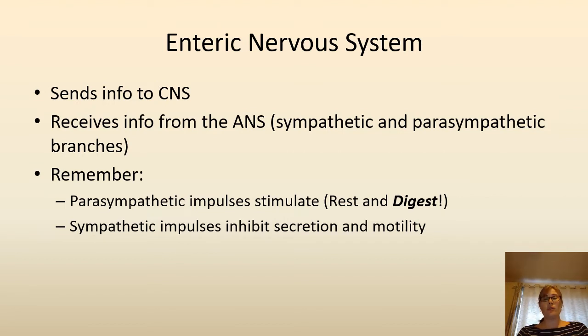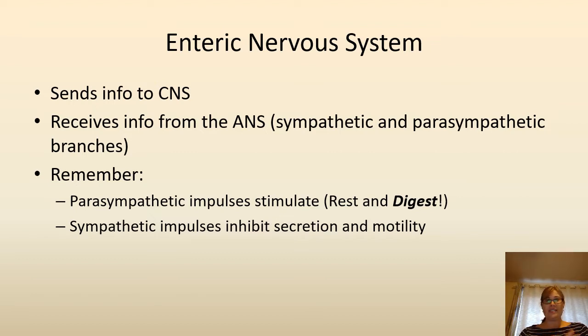The autonomic nervous system involved the sympathetic and parasympathetic sections. So remember, parasympathetic involved rest and digest. And so your enteric nervous system is going to be the resting and digesting. The digesting part of that is going to be controlled by the myenteric section.